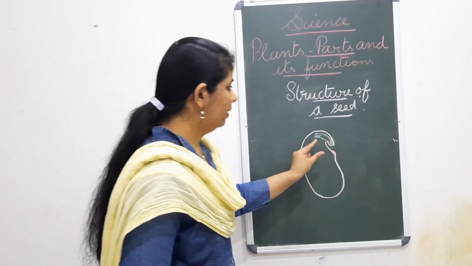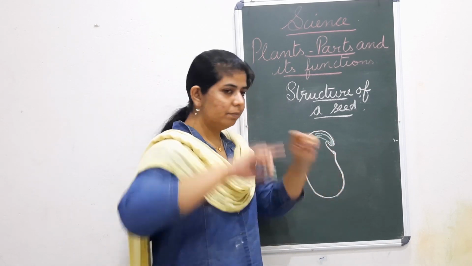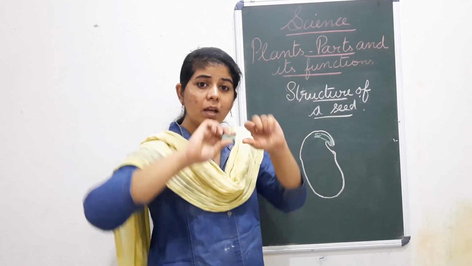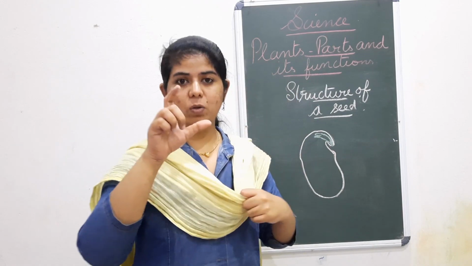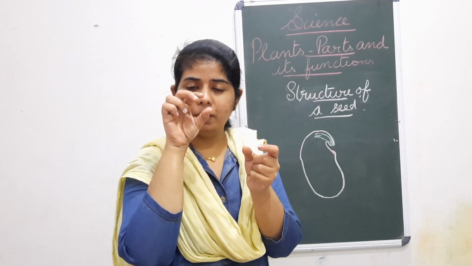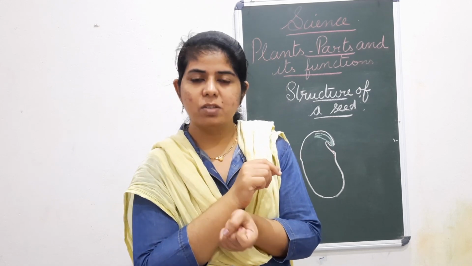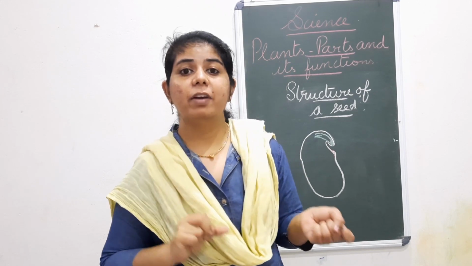Then you can see a green color part. I'll tell you what all these are. If you take a mango seed, there is an outer part. If you cut it open, you can see another part inside it, another seed inside it. Understood? So there are different layers.